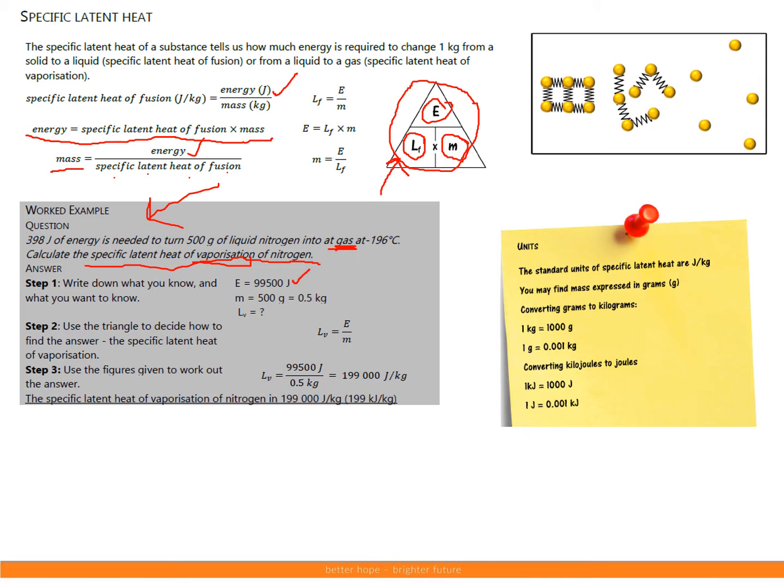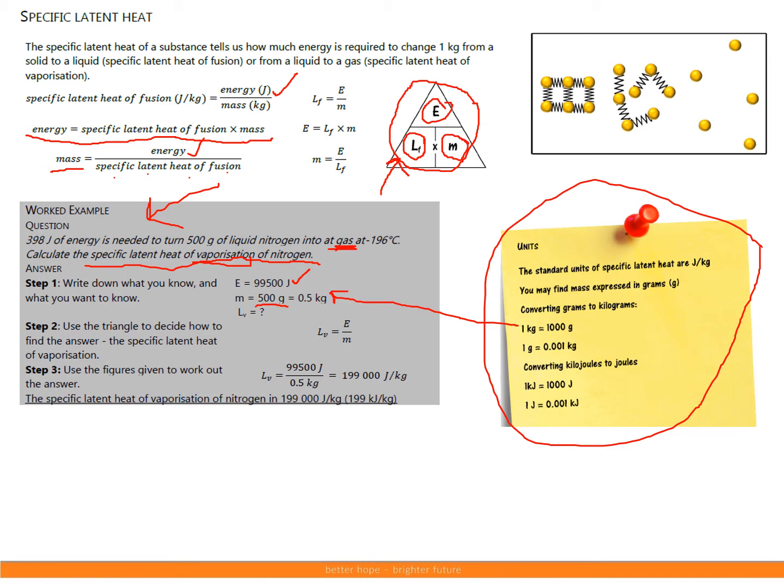The mass we know is 500 grams because that was in the actual question. And again, don't forget, we need to convert grams to kilograms, and I have put a conversion chart here, so it will remind you how to do your conversions, okay? And the information that we're being asked to find is the latent heat of vaporization. That's the bit we don't know.